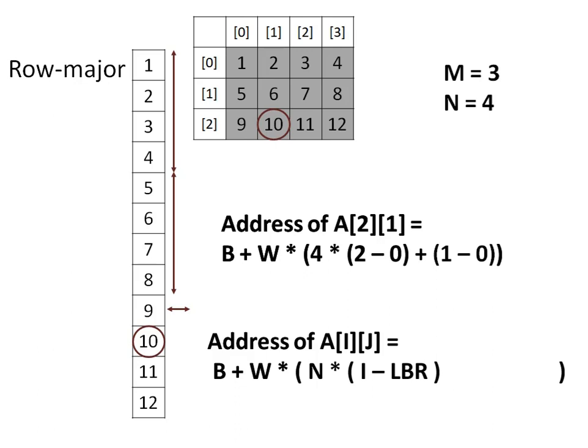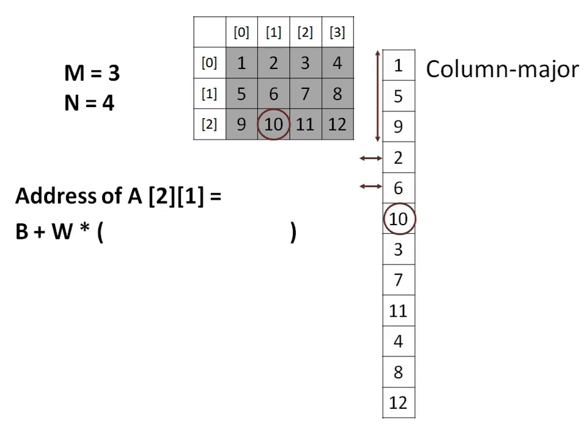So this term has to be multiplied with n, as it is representing the number of columns here. Now we have to add the number of elements to be skipped, that is j. So for that we will add a term j minus lower bound for columns, that is LBC. So with the help of this formula, we can get the address of element Aij using row major order.